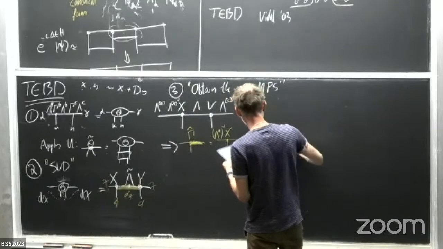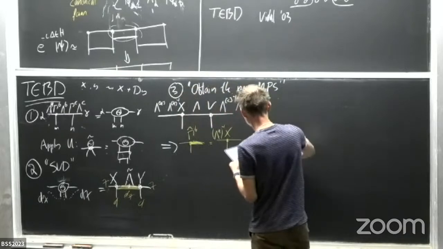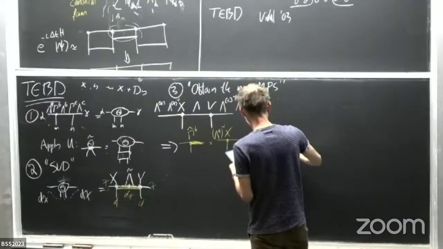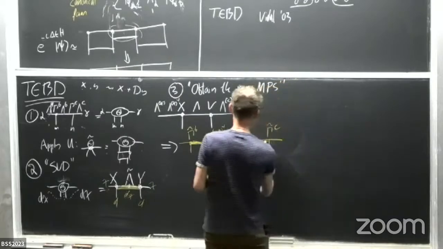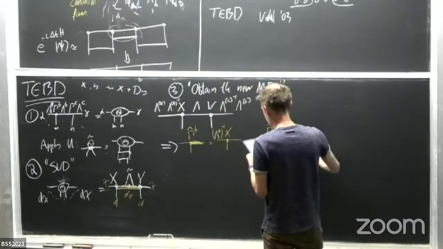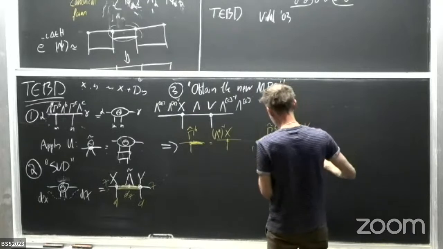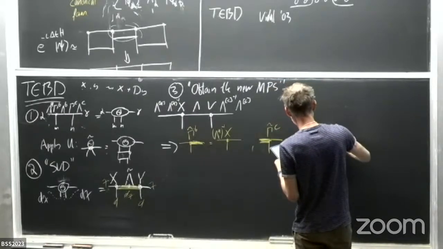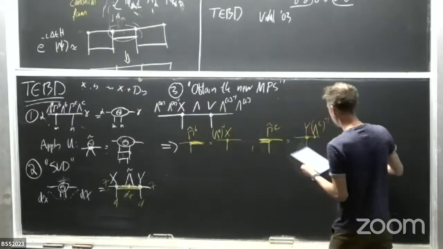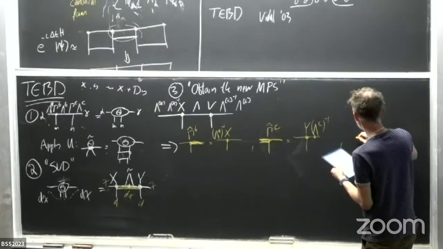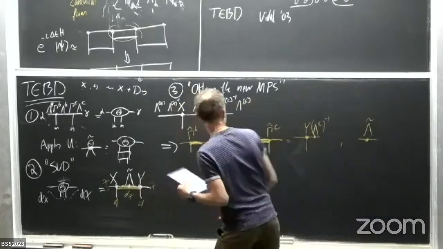And then I have, I'm sorry, so here this is my B. And then I have my gamma tilde C, where we have a big bond dimension here, which is equal to my Y, where I'm applying a lambda C inverse. And we've got the new lambda tilde, which is exactly the one that we get from here.